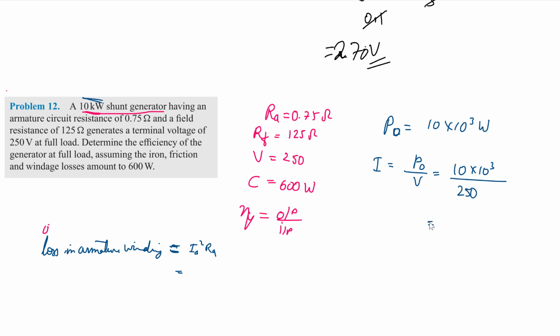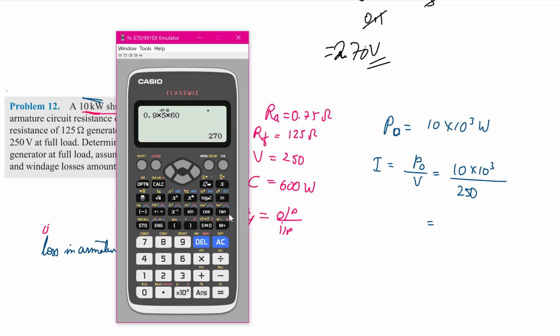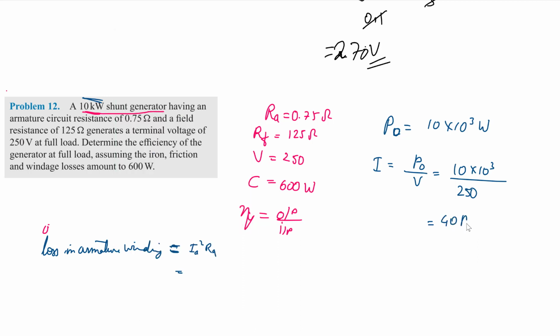So I can get that I as 10 to the power 3, 10 kilowatt, divided by 250, which is equal to 40 amp. So we got this 40 amp.